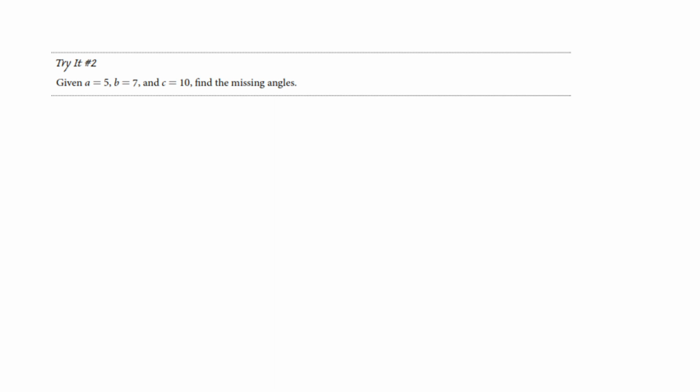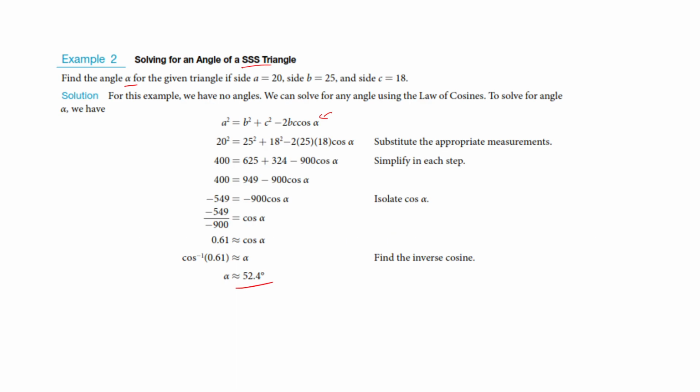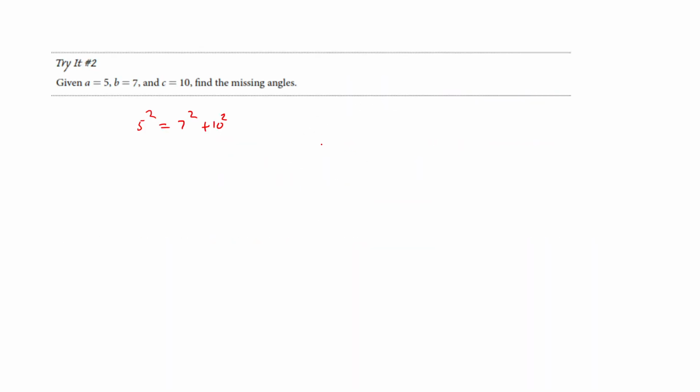Okay, so let's try this one more time here. They want all the missing angles here, so I'm going to do a squared equals 7 squared plus 10 squared. I keep forgetting what the formula is. Minus 2. So these are my two sides, and this has to be the angle across from what's on the left. Just plug in though. So I've got 25.